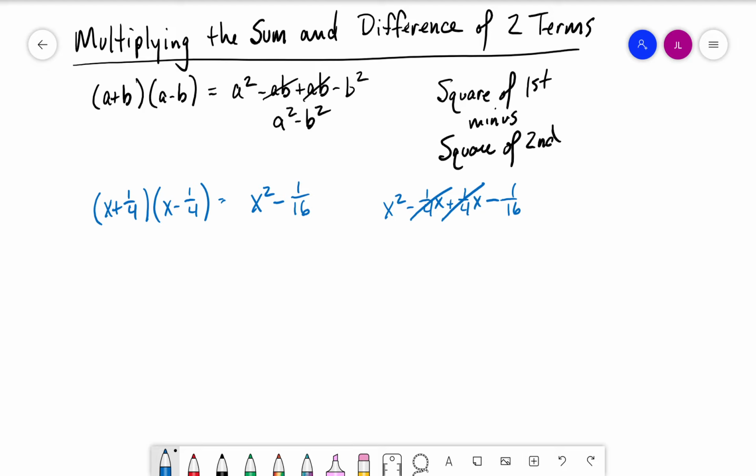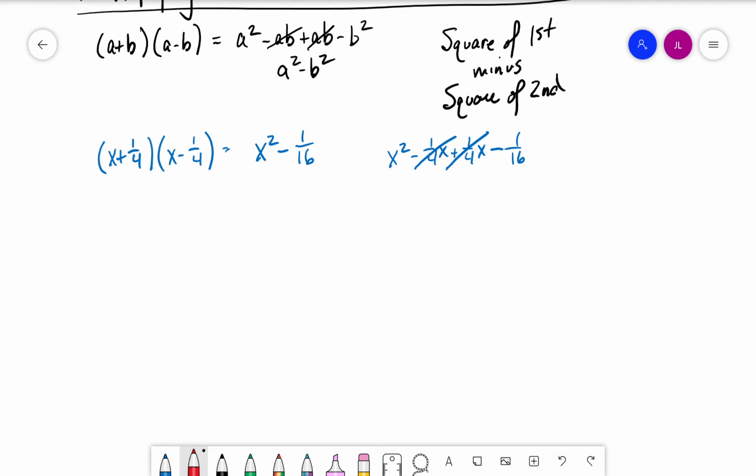So let's look at a couple more. A little bit of a review here, but let's think about something like x minus 3 times 2x plus 3.